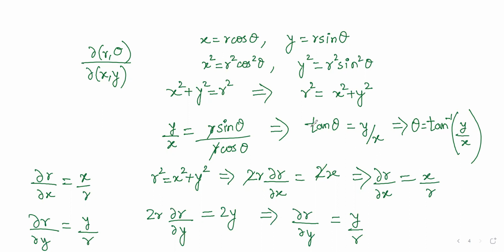Now we get delta theta by delta x. Theta we are getting from this expression, tan theta is equal to y by x, so theta is equal to tan inverse y by x.